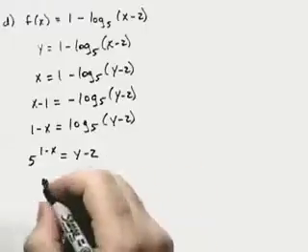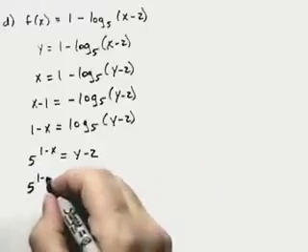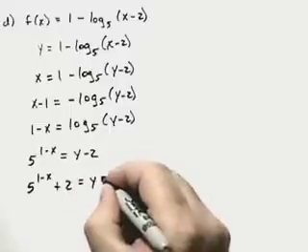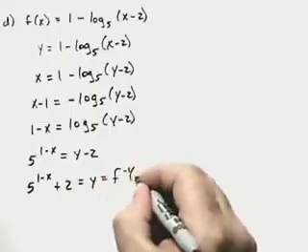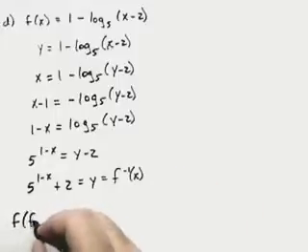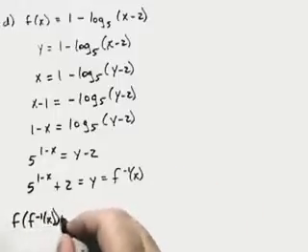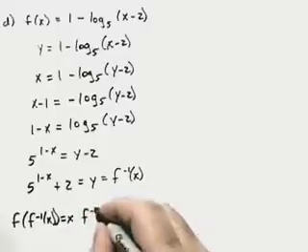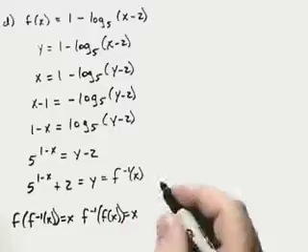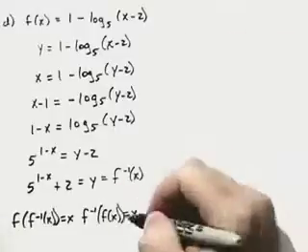And then solving for y, we get 5 to the 1 minus x plus 2 is equal to y, which is our inverse function. And we should verify that f of f inverse of x is equal to x, and f inverse of f of x is also equal to x. And we'll leave that check up to you.